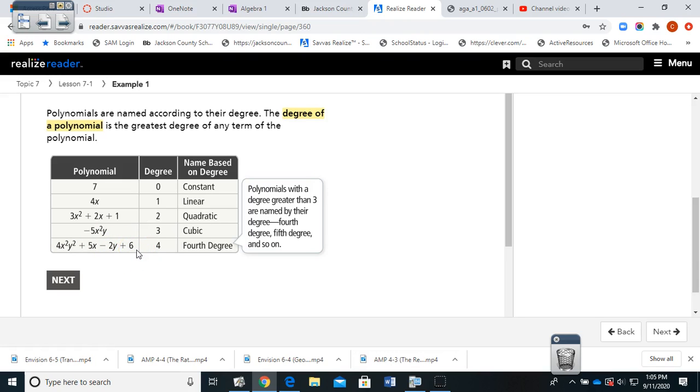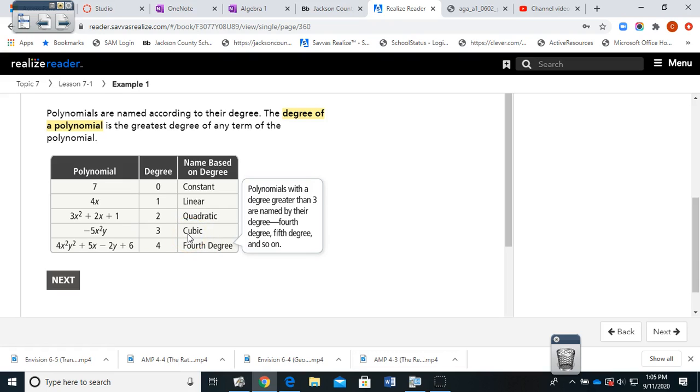You pick the biggest one, which was 4. And like I said, if it's anything over a cubic, this says 4th degree. They actually do have names for the degrees. That would be called a quartic. Okay? 5 would be a quintic, but for our purposes, we won't go above cubic.